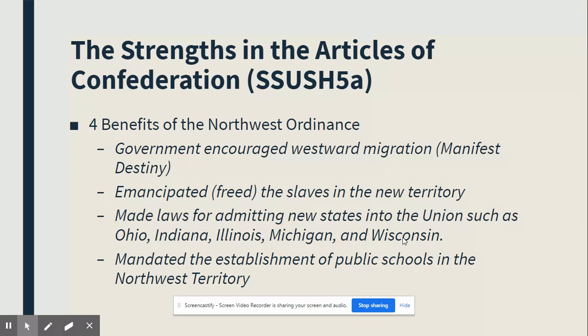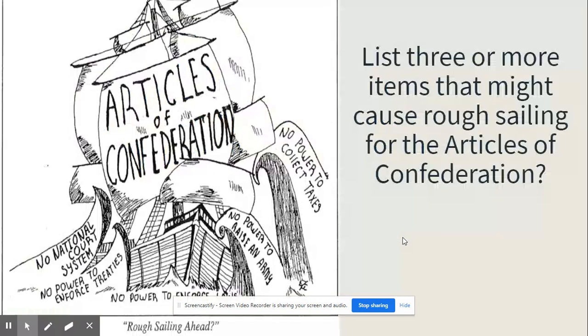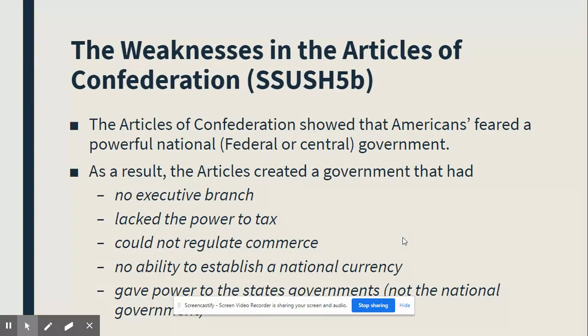Okay, let's see. Number 4, list 3 negatives of the Articles of Confederation. Three of those would be: there's no executive branch, it lacked the power to tax, and it could not regulate commerce, so it couldn't regulate trade.